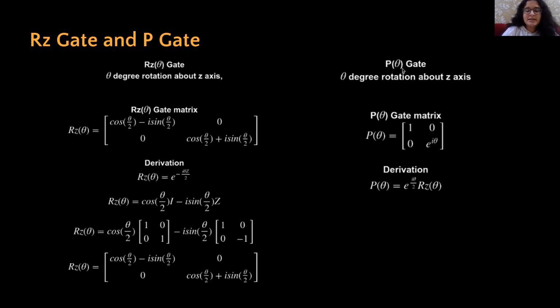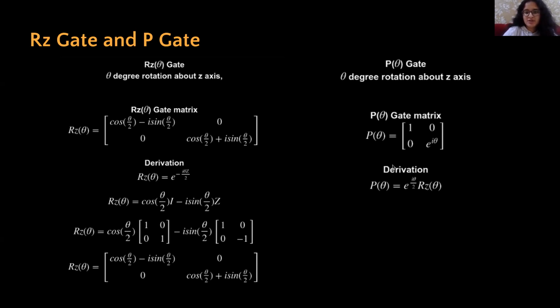And the P theta gate, which is the phase gate and does the same thing, a theta degree rotation about the Z axis, looks slightly different from this matrix, but is essentially the same thing. And how do we derive it? We take this RZ theta matrix and multiply it with e to the power i theta by 2. This just makes the transformation more compact.